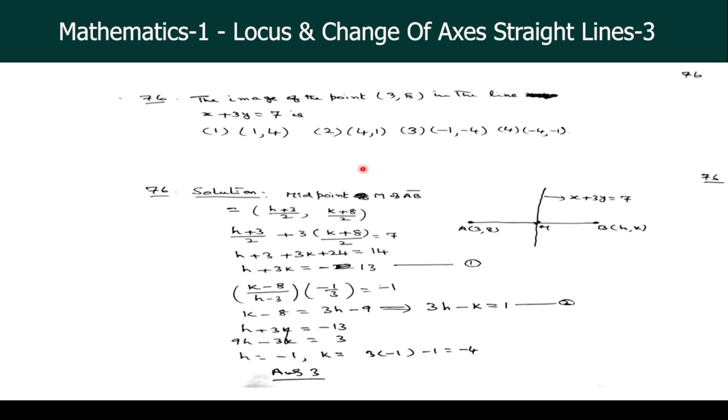Right. Next one: the image of the point (3, 5) in the line x plus 3y equal to 7 is: 1) (1, 4), 2) (4, 1), 3) (-1, -4), 4) (4, -1). You can directly use the image formula. Here the line is L: x plus 3y minus 7 equal to 0, and the point P is (3, 8).